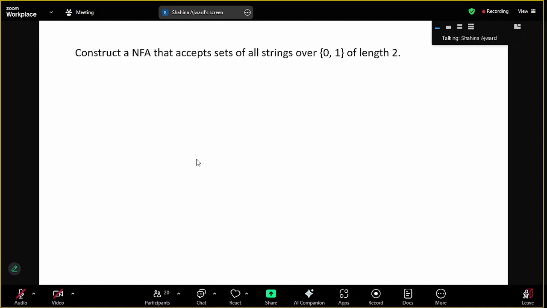Did you identify what strings will be accepted? How many words or strings can we make from 0 and 1? How many possible combinations are there? Yes, 4 combinations: 0 0, 0 1, 1 0, and 1 1.